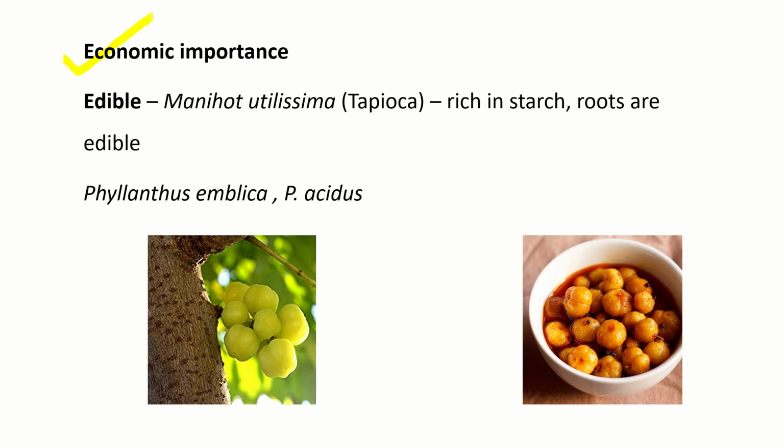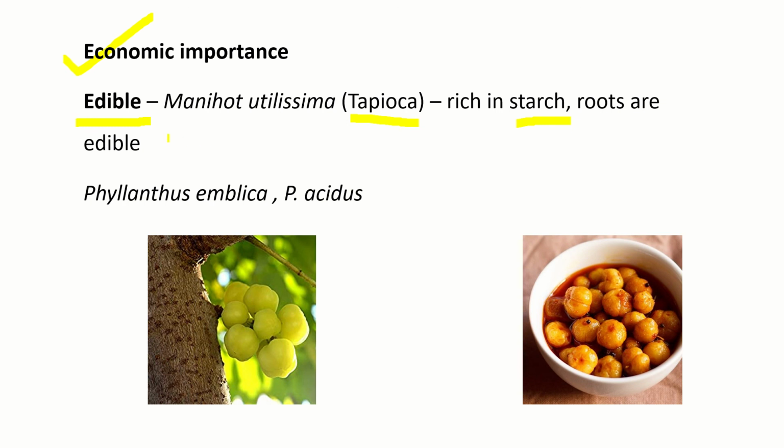So we should know the economic importance of everything we study if possible. See, let's come to this point, edible. This plant, tapioca, you all have heard about this, right? This is rich in starch and the roots are edible.